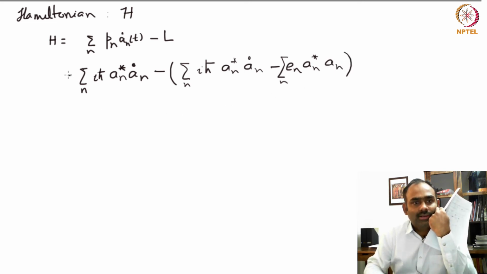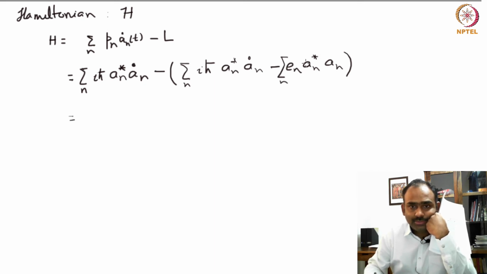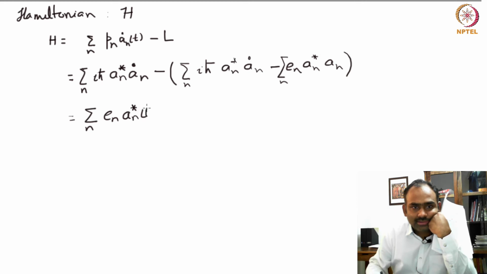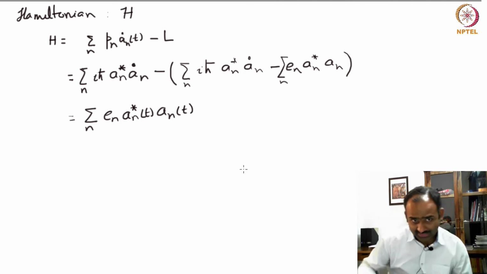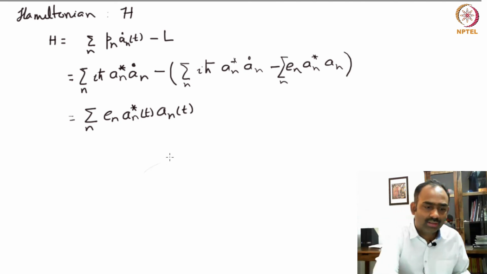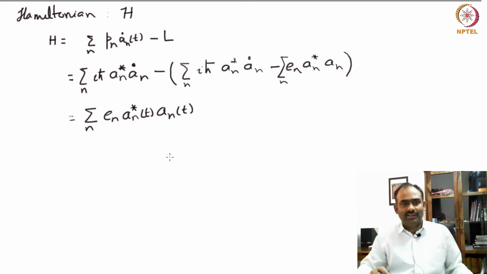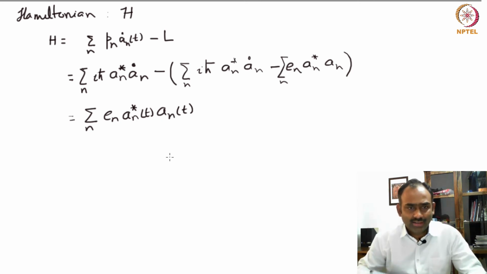Okay, that's nice. So these two terms clearly cancel. This minus sign cancels and leaves us with summation over n En An star An of t. Okay, that's the Hamiltonian.